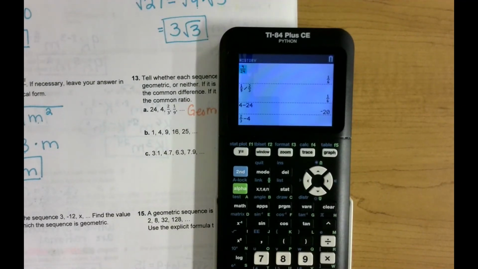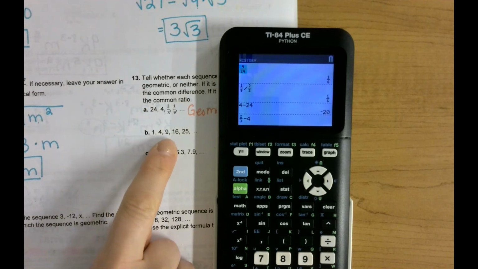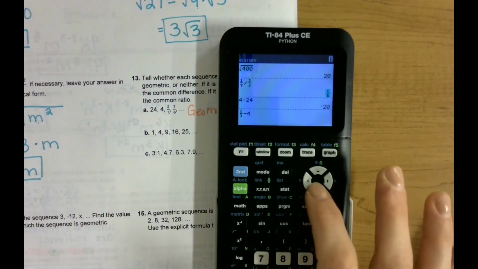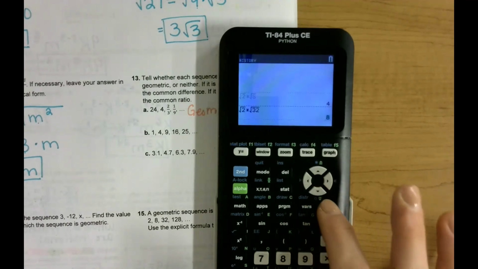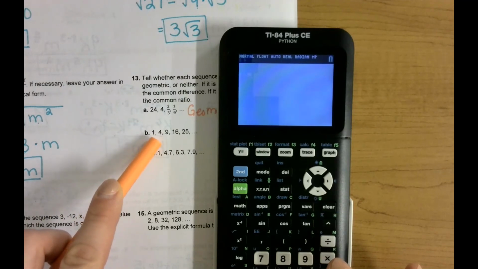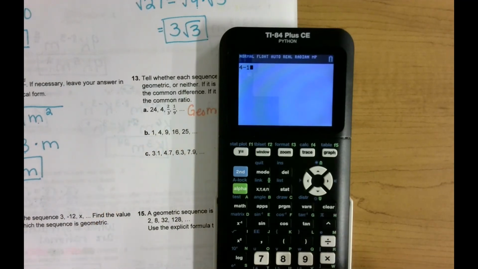Then we have the next one, 1, 4, 9, 16, 25. That one, it looks more arithmetic, but also I'm feeling like it's adding more and more each time. So let's test it to make sure. Take two consecutive terms, 1 and 4. Take the second, 4 minus 1, that's 3.